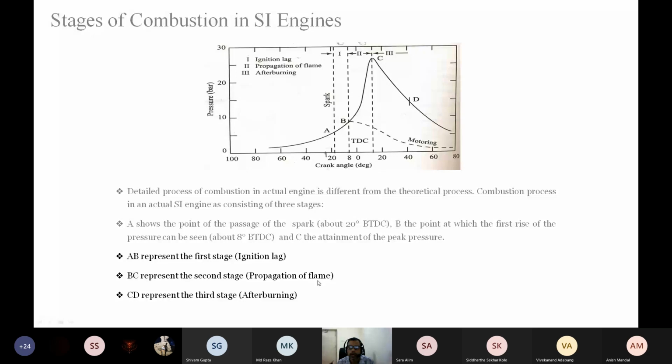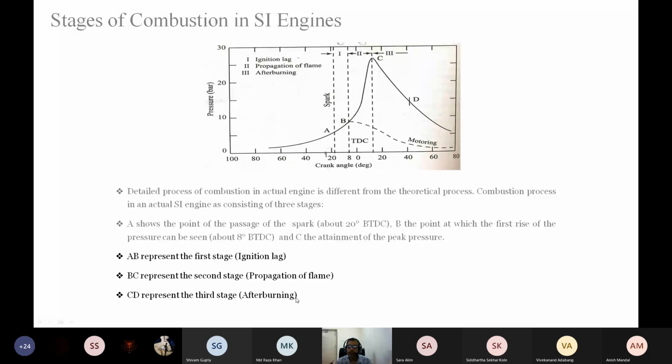And C to D, in which combustion is still taking place, but the piston is moving down, and the pressure due to the combustion is not so high. So C to D is called after burning.